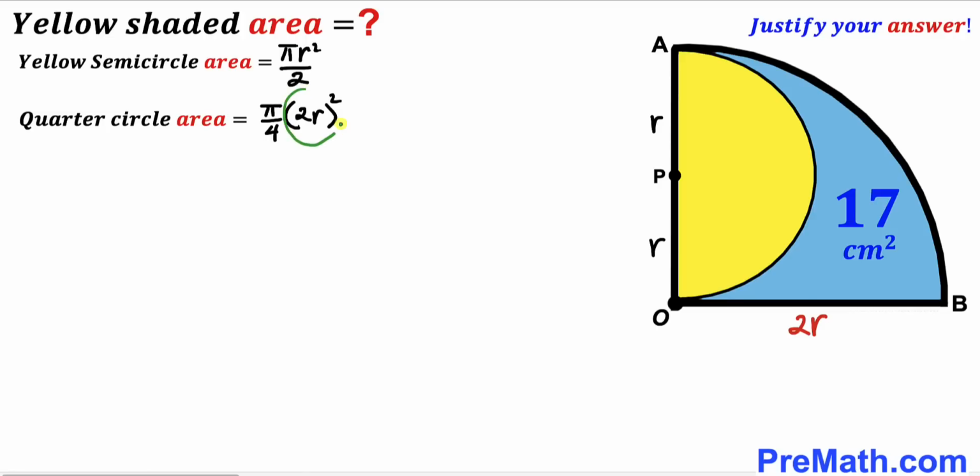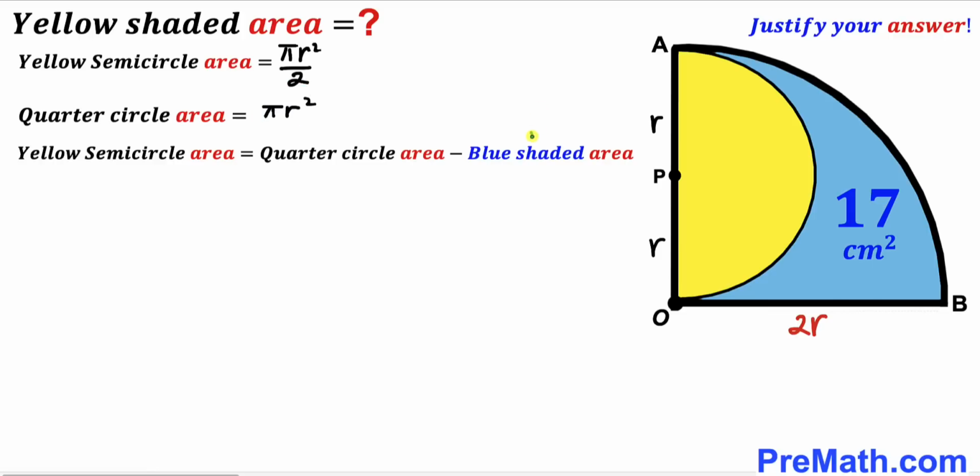The square of 2r is simply 4r squared. So we can write pi divided by 4 times 4r squared. Now the 4 and 4 cancel each other out, so we end up with simply pi r squared. Thus the area of this quarter circle turns out to be pi r squared.